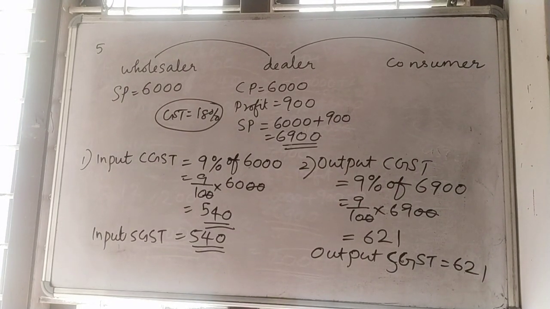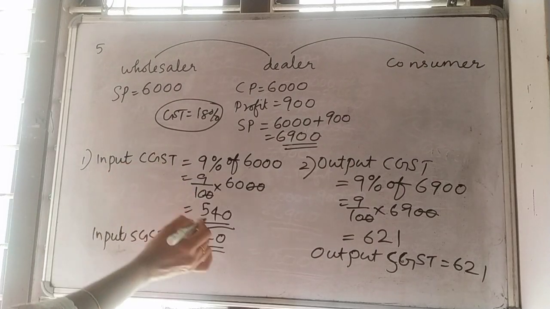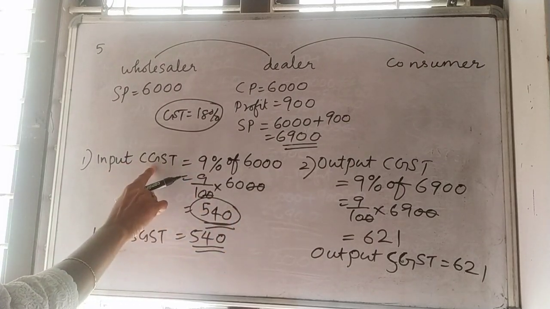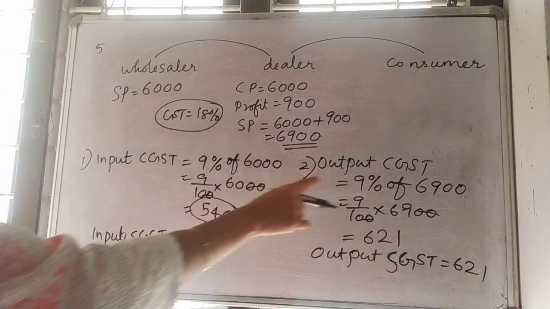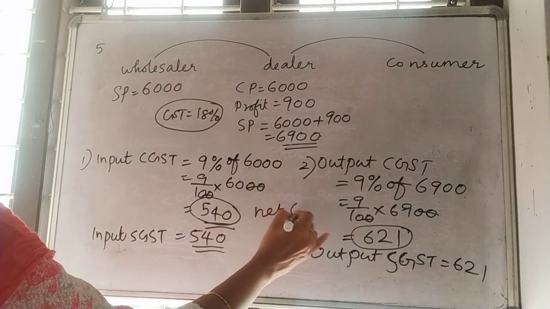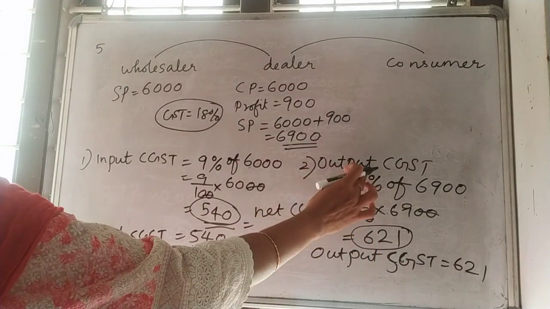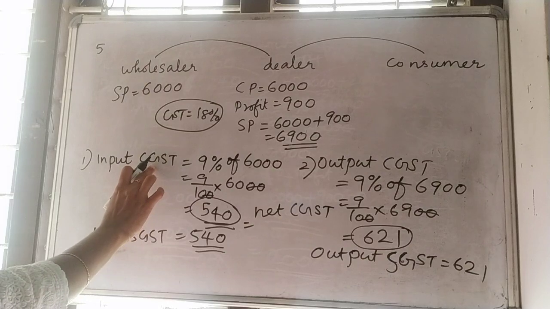And third part is net CGST and SGST paid by the dealer. So what will be the net CGST paid by the dealer? Here output CGST is 621. So net CGST will be output CGST minus input CGST.